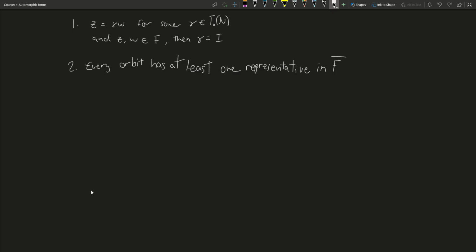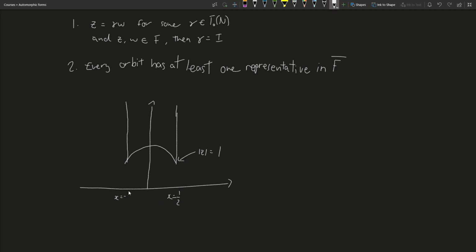So there's a standard choice that people make for SL2Z, and that is you take the unit circle, and then here you take these vertical lines: x equals 1/2, and x equals minus 1/2.